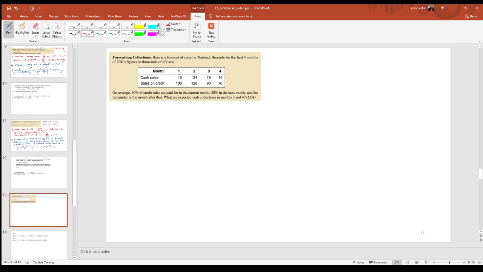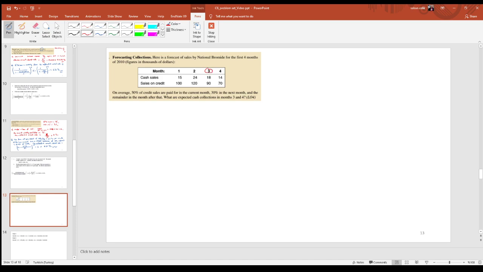So that means in the first month you collect your sales in cash by an amount of 15 and 100 by an amount of credit. So let's see what we have. On average, 50% of credit sales are paid for in the current month, 30% in the next month, and the remainder in the month after that. What are expected cash collections in month 3 and 4?